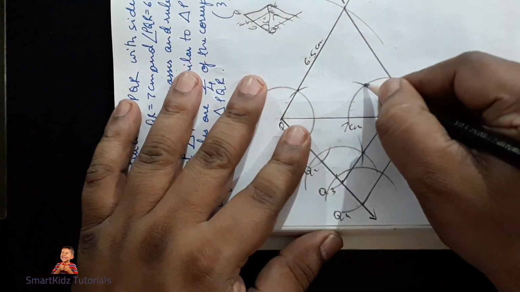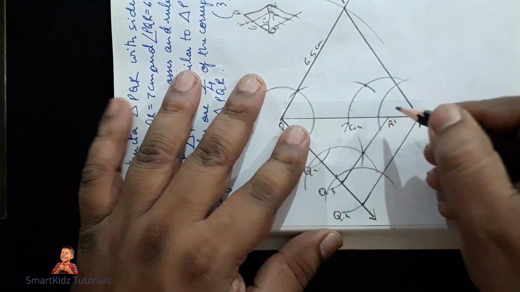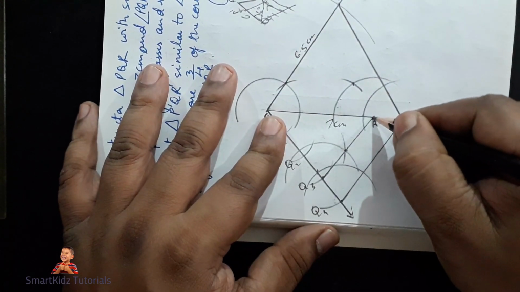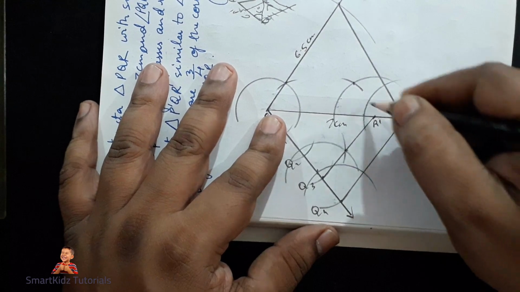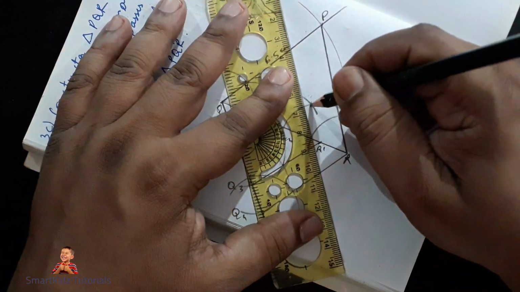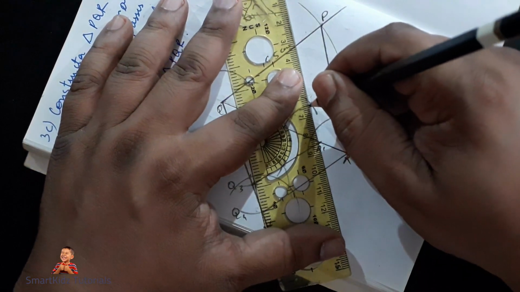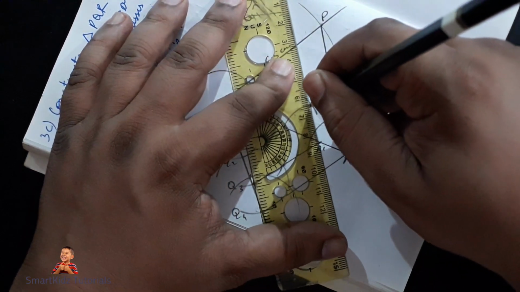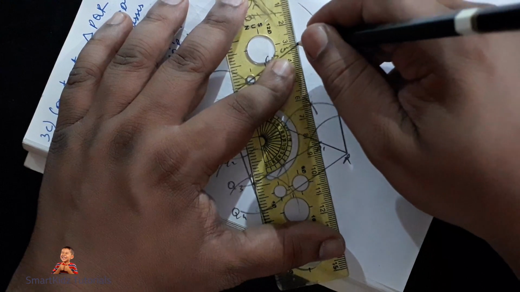Now where these arcs cut each other, I mark this point, and from this R dash I'll draw a line reaching this line PQ in such a way that it is parallel to this. There you go.